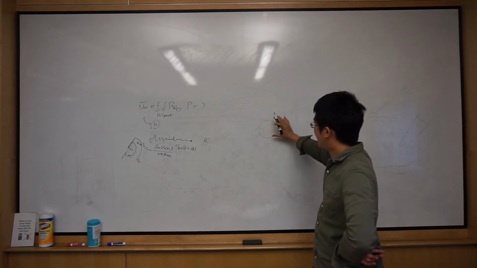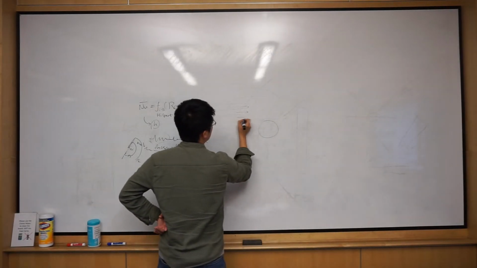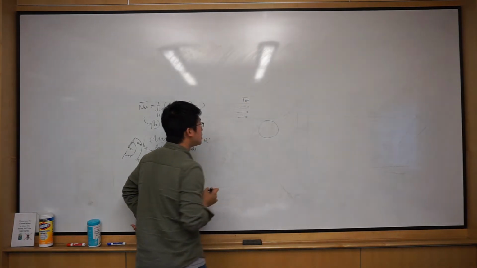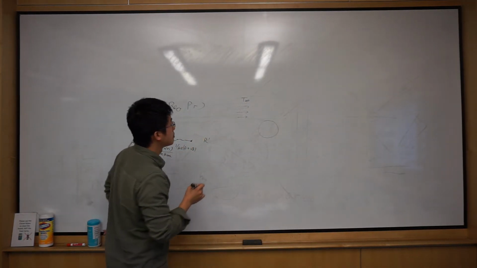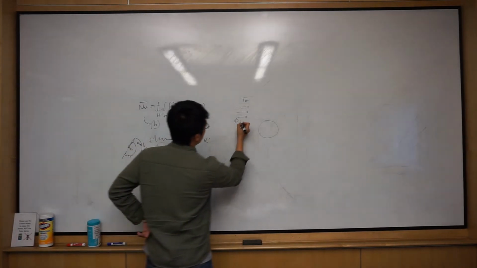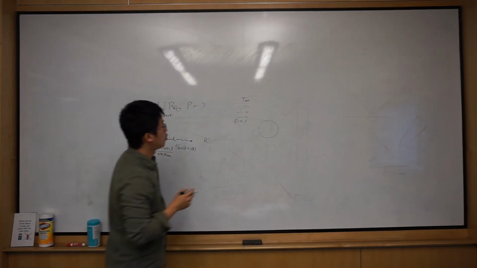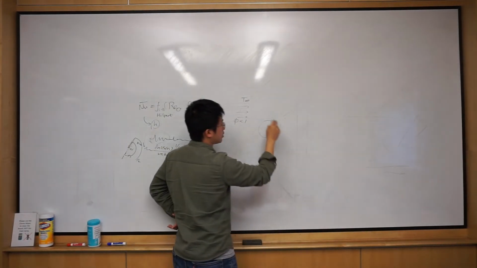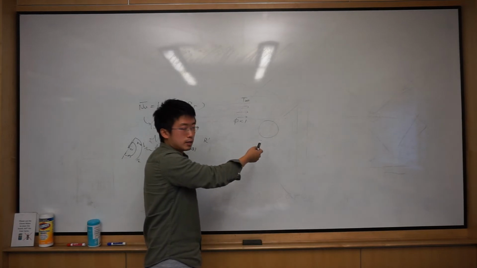A wet cylinder placed in hot air. So this T infinity can be high, and the air has a certain humidity, but definitely smaller than 1. So the hot air blowing over this ball is heating up the object.